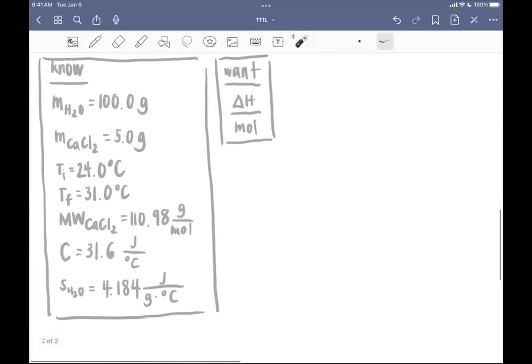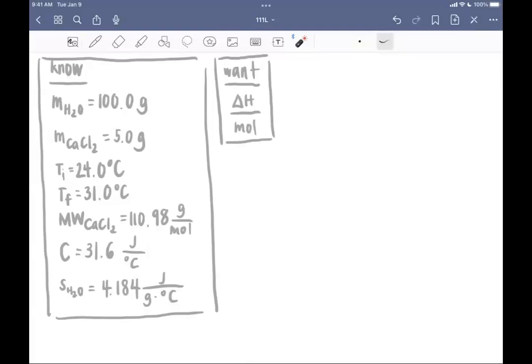Now we're going to use that information for the sample calculation involved in activity 2, where activity 2 involved taking calcium chloride, and you used a known quantity of 5 grams, but there were other trials in which you used different masses of calcium chloride, and you added that to a known volume or known mass of water of 100 grams.